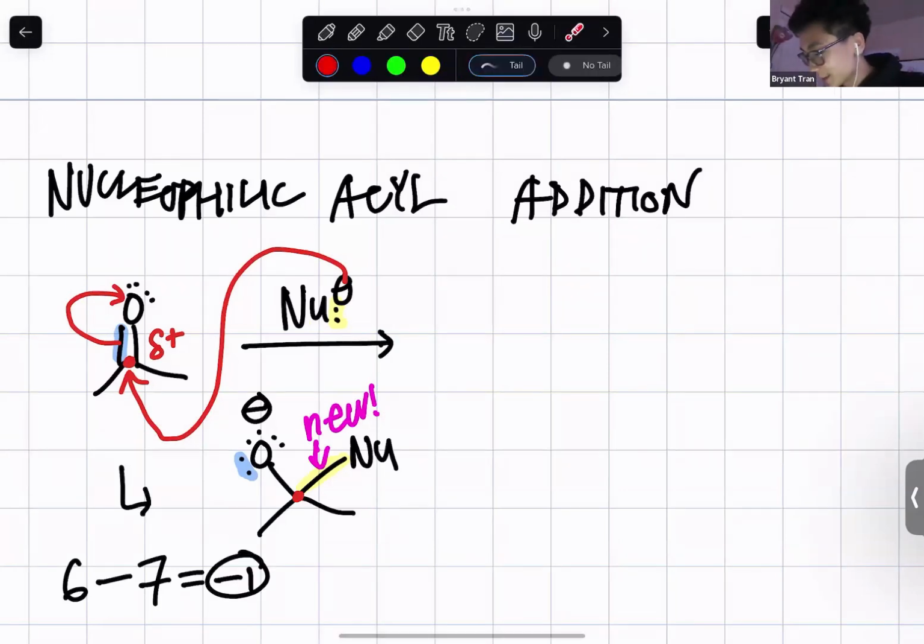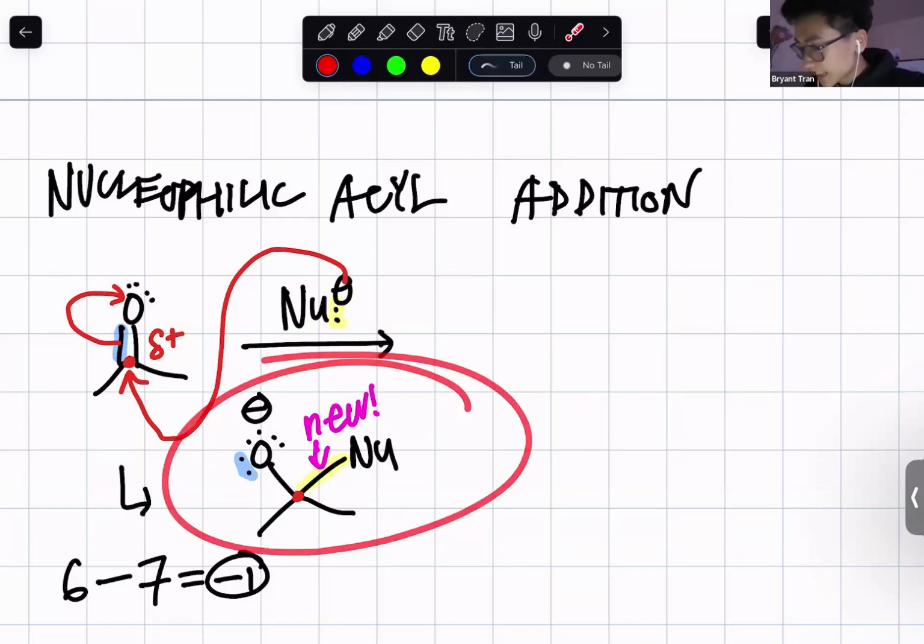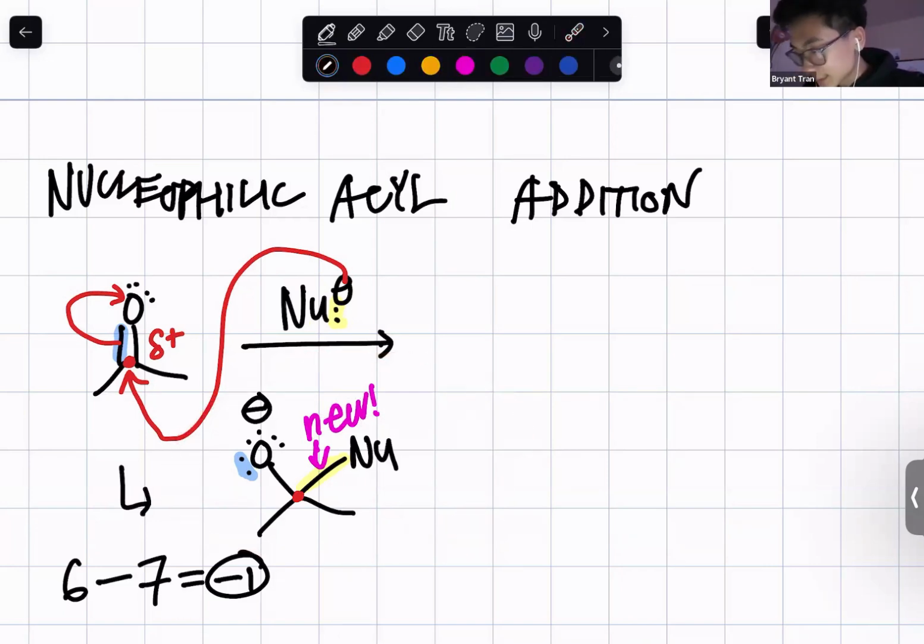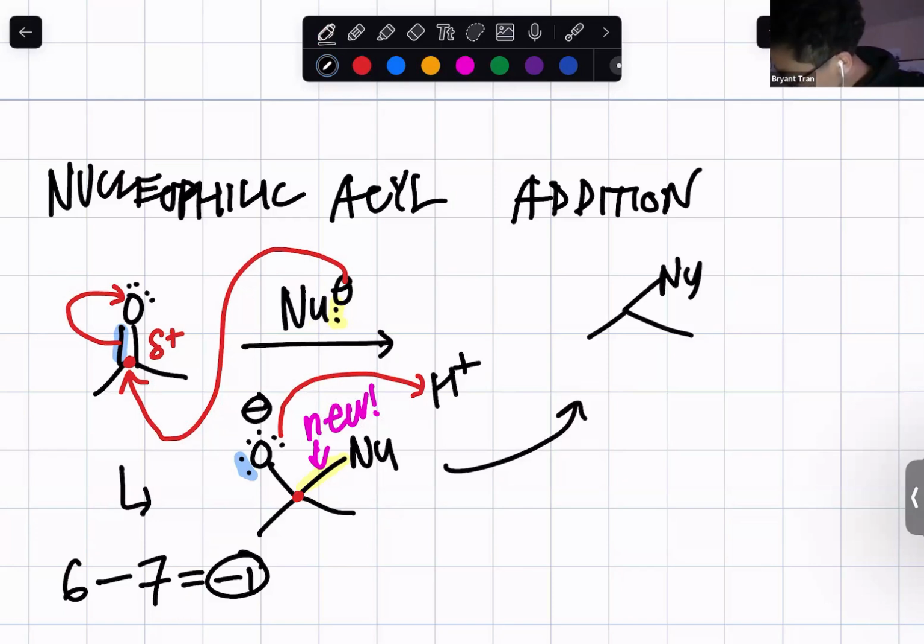Right. Okay. Now, once we have this, then we could just bring in some sort of acid, right? H plus source. It could be HCl, H2SO4, PTSOH, any proton source to protonate and neutralize that O minus right there and give us OH, like that, right?